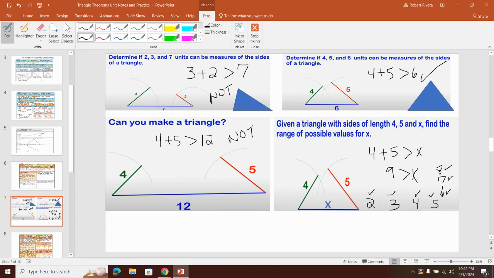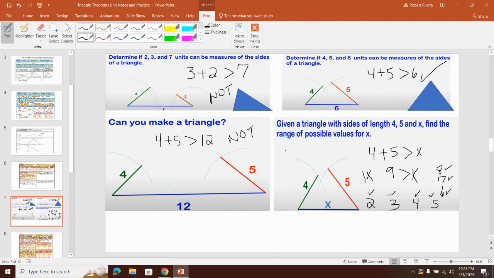And now let's check 1, the last one. Well, if I put 1 here, what's 1 plus 4? 5. 5 is equal to 5, so that would not form a triangle, so 1 will not work. So what's the answer?